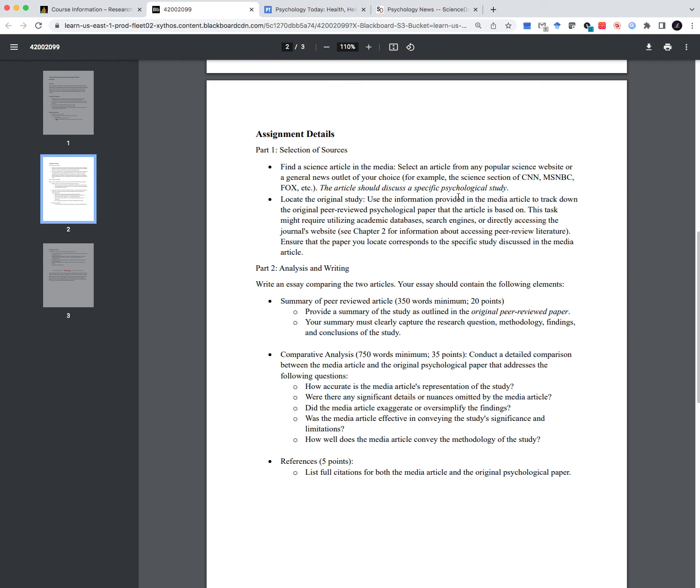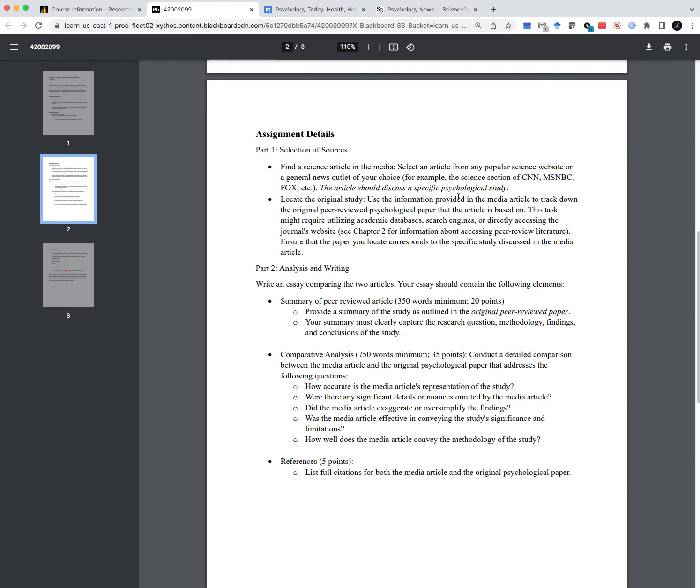So you're going to begin by finding a science article in the media from some popular science website. And the article has to be in the field of psychology or the behavioral sciences, though I'll also take neuroscience as well. So psychology, neuroscience, or the behavioral sciences, broadly speaking.